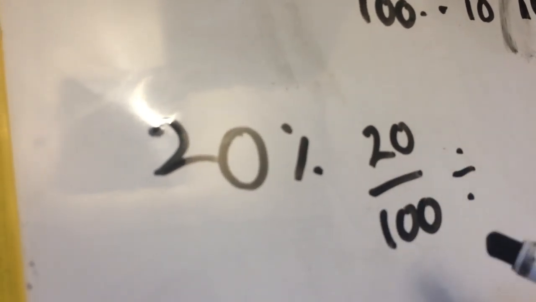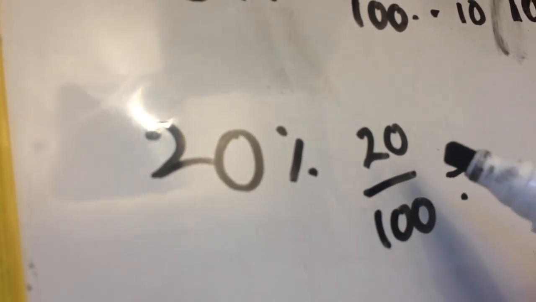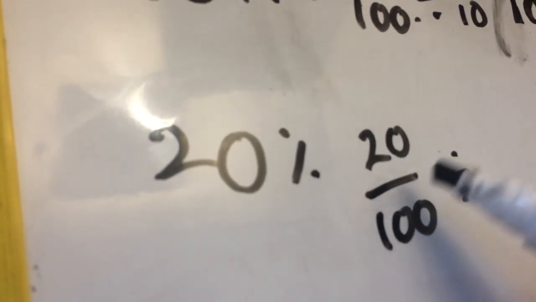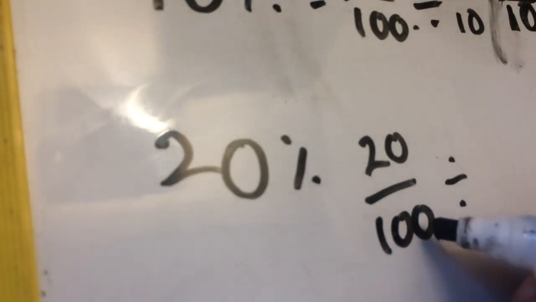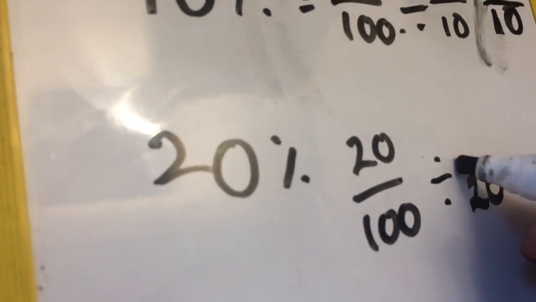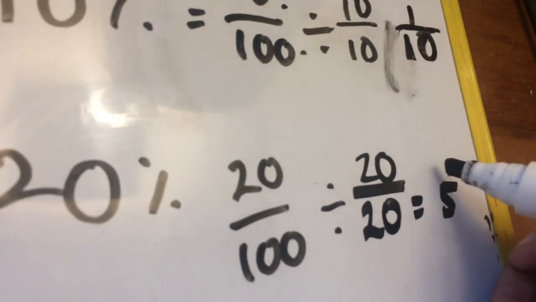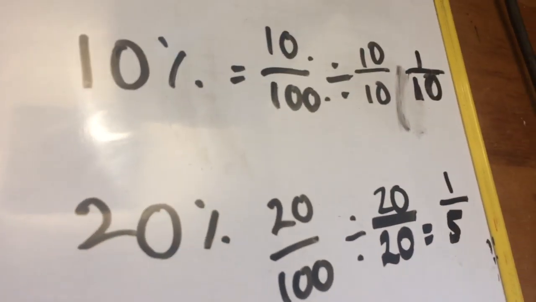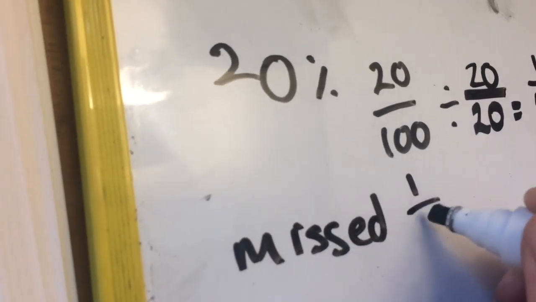Okay, so we're going to divide by whatever number goes into the top and also goes into the bottom. Usually it can be the smallest number on top, so 20. So 100 divided by 20 equals 5. 20 divided by 20 equals 1. So she missed 1/5 of her shots.